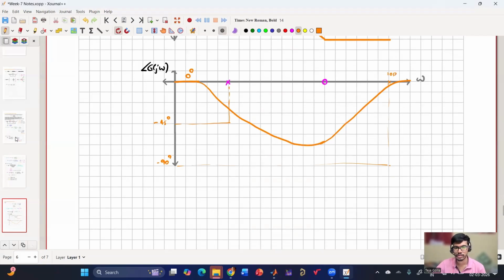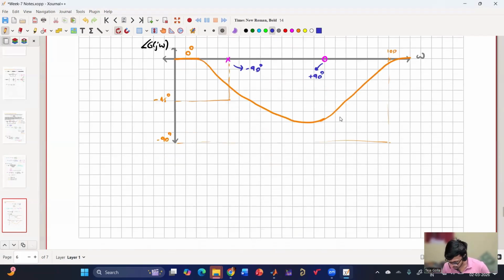Yes, sir. Okay. Because this is contributing minus 90 degrees and then this will contribute plus 90 degrees. Or to make it clear, I can draw the pole starting from zero, then it will go to minus 90 degrees and settle at minus 90, and then the zero will start, dotted line.